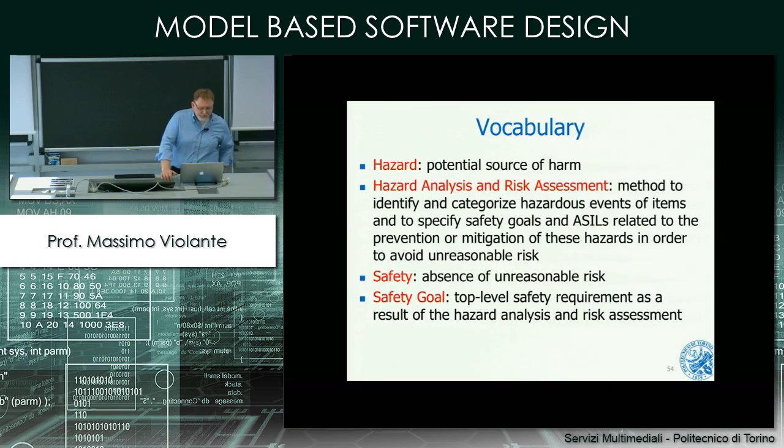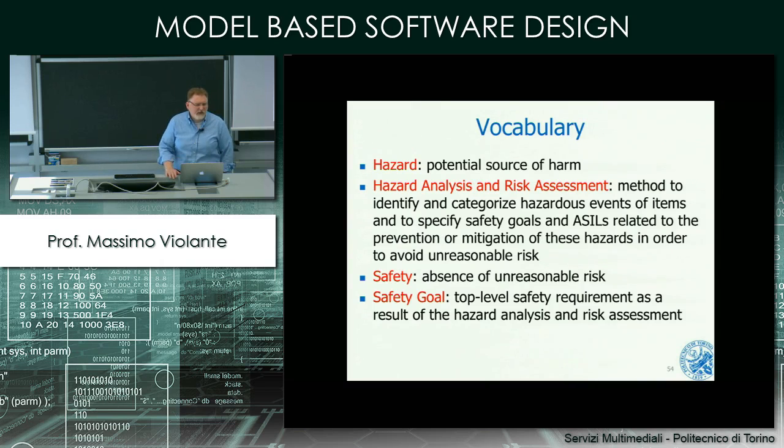The hazard is defined as the potential source of harm. What is a hazard? The hazard is the malfunctioning of the radar that is used in the cross-traffic access system, so that we are no longer able to measure the distance of the incoming object towards the vehicle.